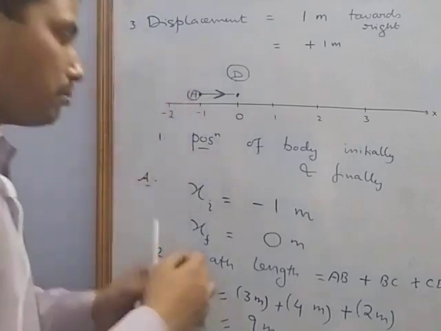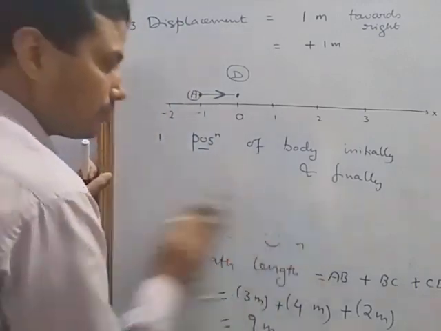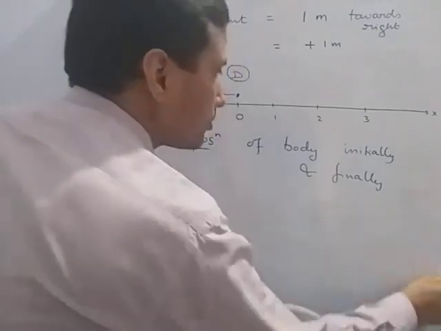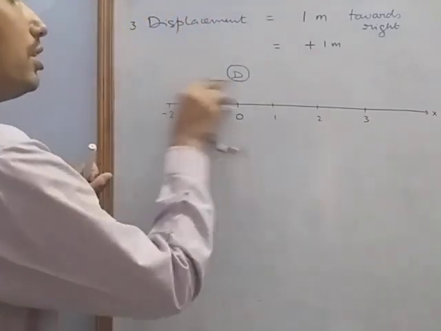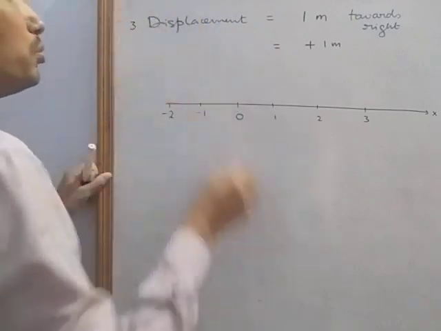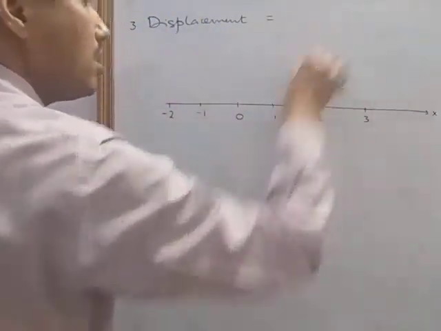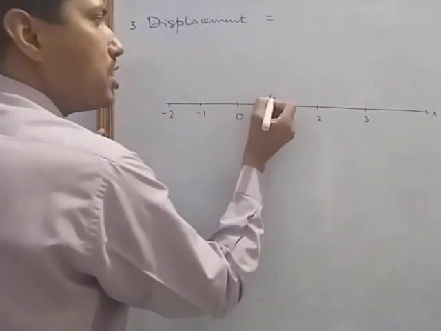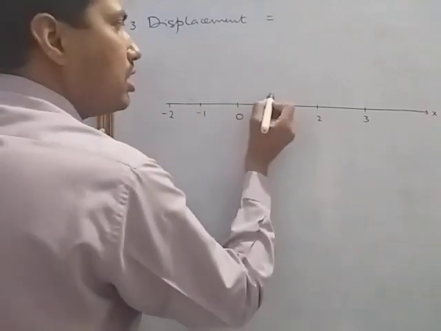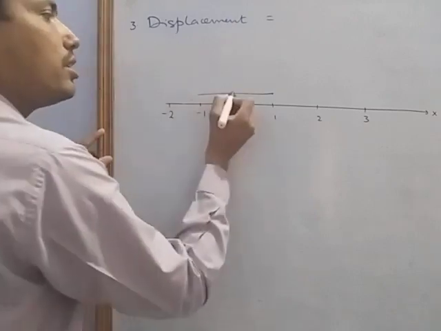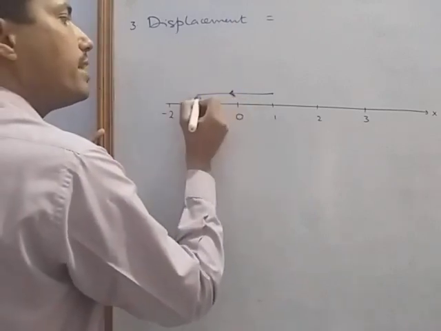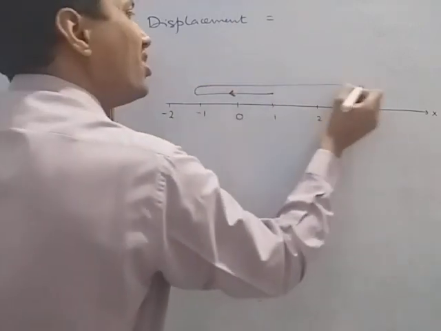Let us see one more example. So we'll quickly discuss one more example. Suppose a body starts from this point, it goes to the left and again takes a turn, moves to the right.